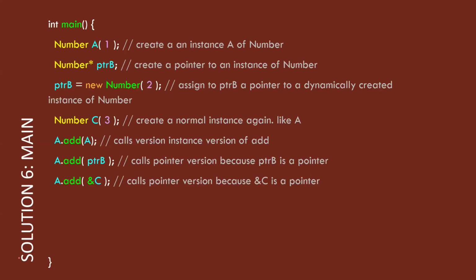In this context, ampersand is like a math operator. It's like a function. It's like, hey, I want your address. So it takes the address of C and shoves that into add, and the compiler says, oh, that's just like this one. So these two are going to call the same overloaded method in terms of the code sequence, okay?